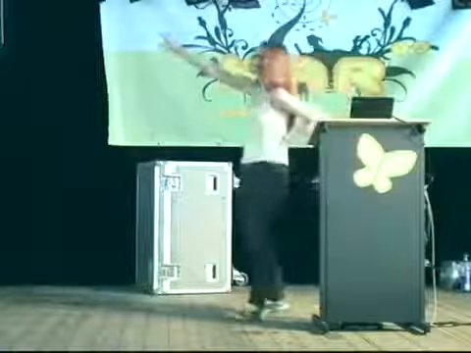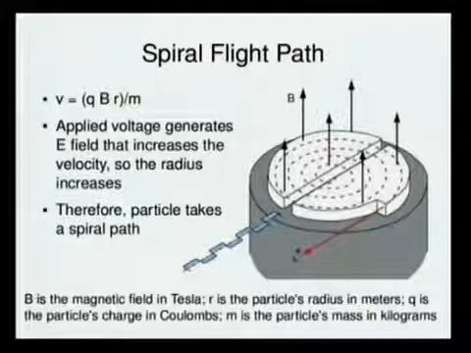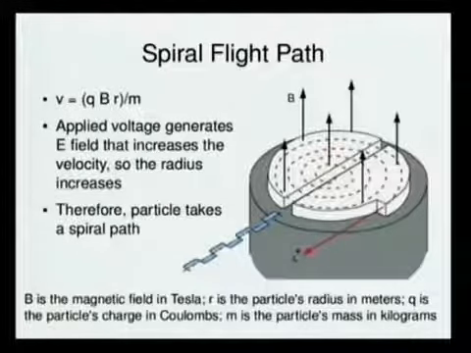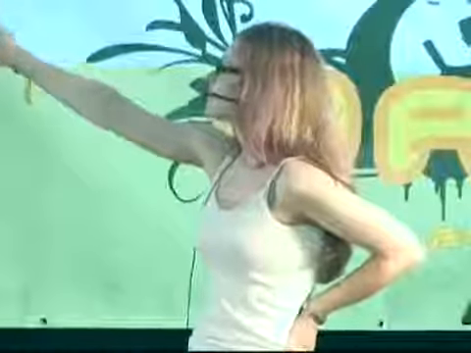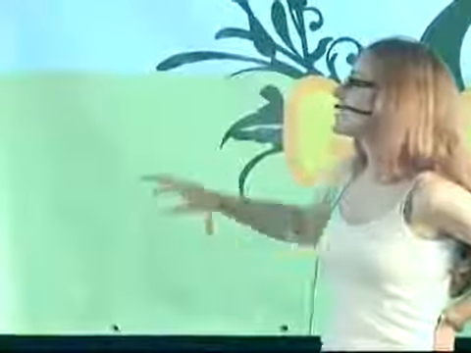Now, there's that same velocity, which we derived in the last two slides. And this shows how you go from the circular flight path into a spiral flight path. If you look at that first bulleted equation up there, you see that the velocity is in the numerator on the left side, radius is in the numerator on the right side. Q, B, and M are all fixed quantities.